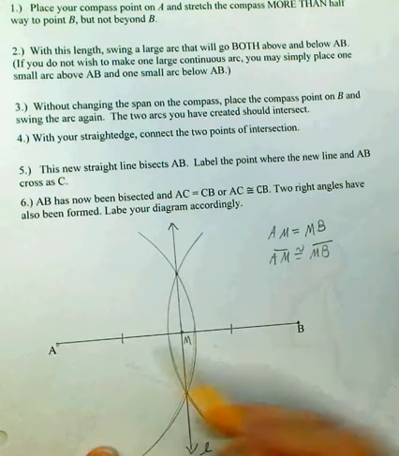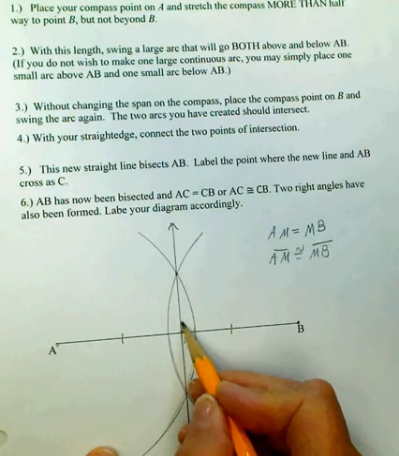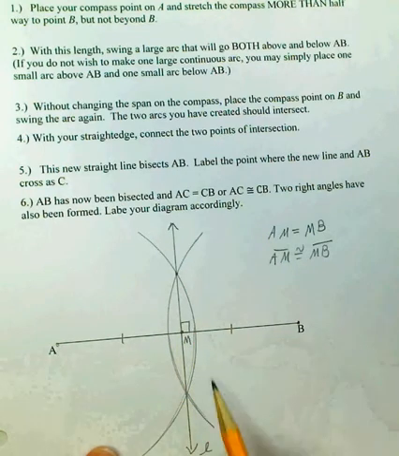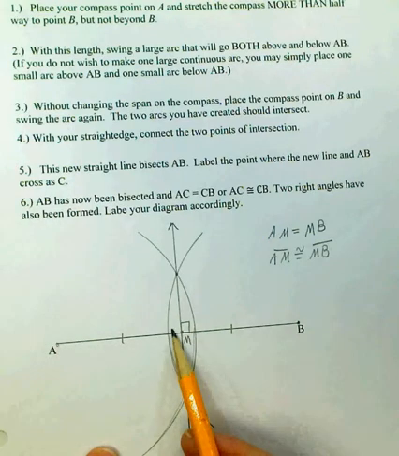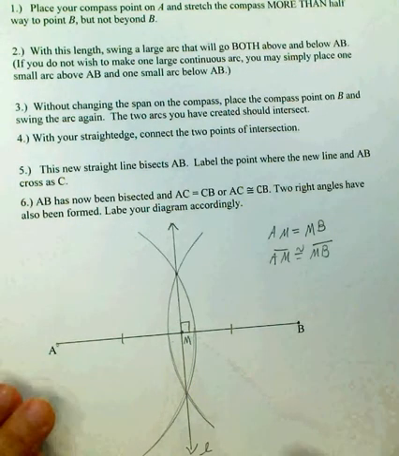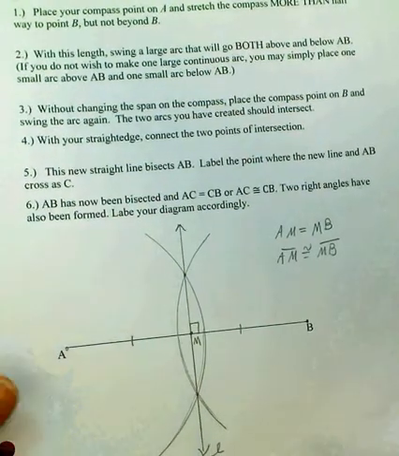We know that line L is perpendicular to segment AB, which means it forms four 90-degree angles, one in each corner of this intersection. So that's construction 5. We'll go right on to construction 6.